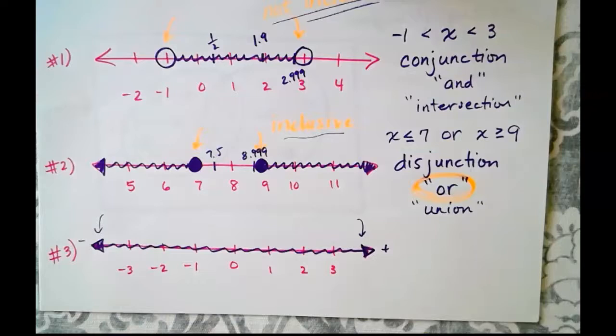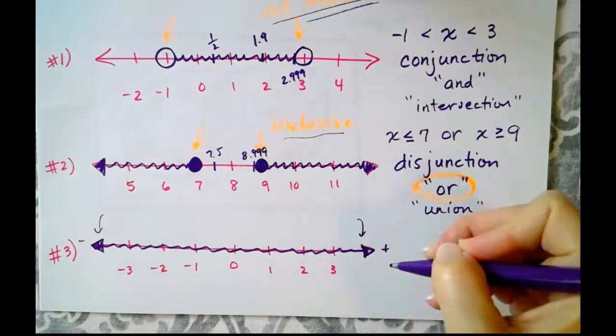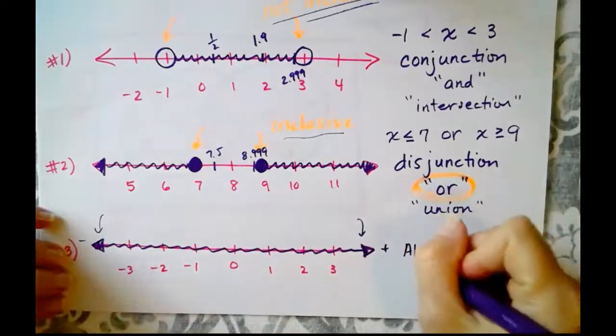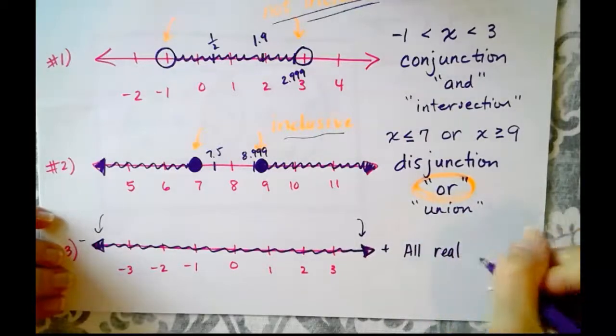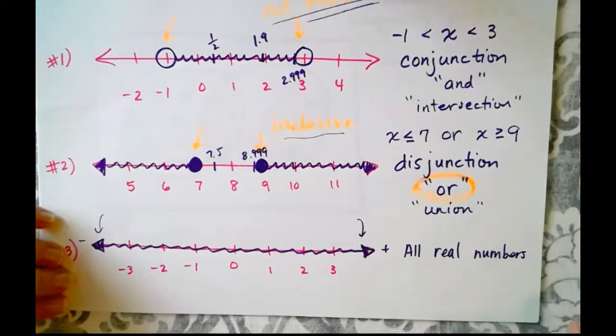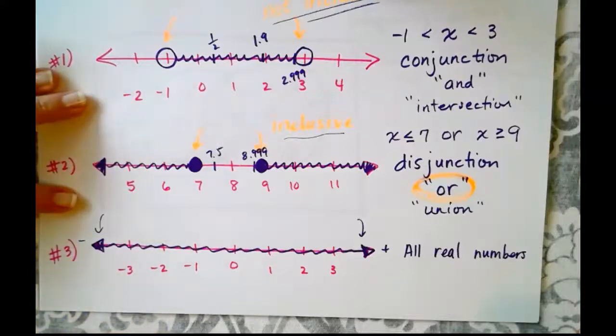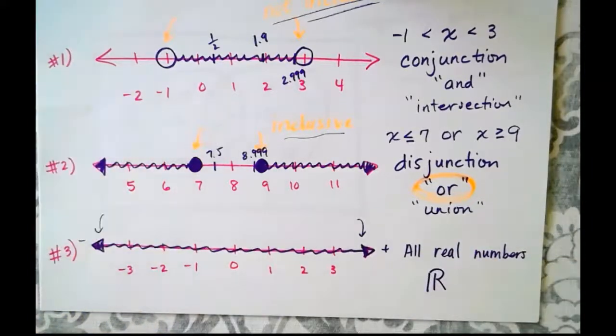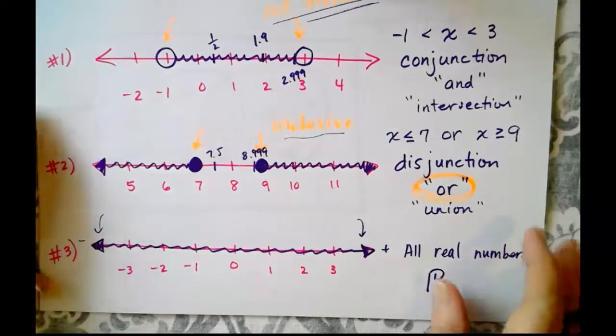And the easiest way to state what this number line is showing is simply to say all real numbers. All real numbers. And symbolically, we can simply say the big funky R. That's all real numbers. Our answers are all real numbers.